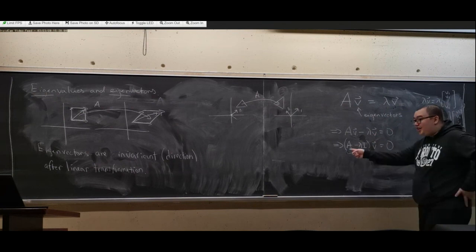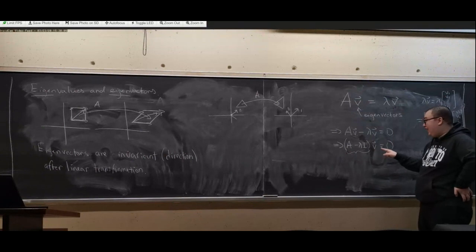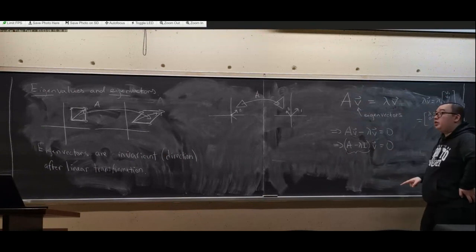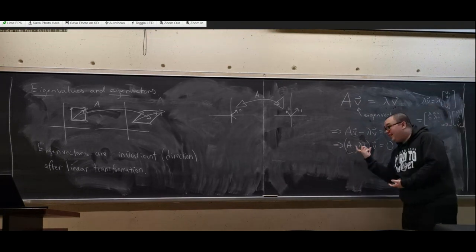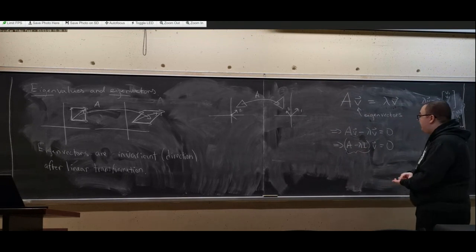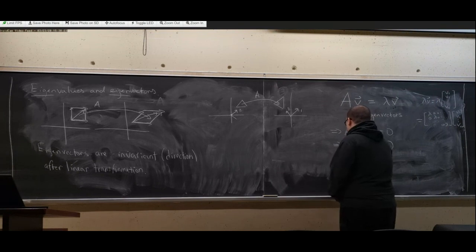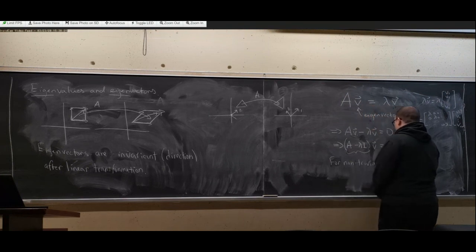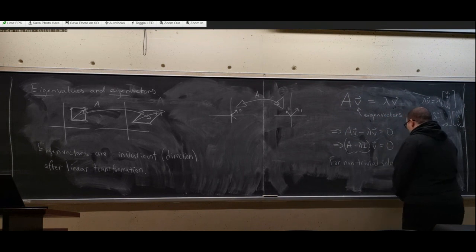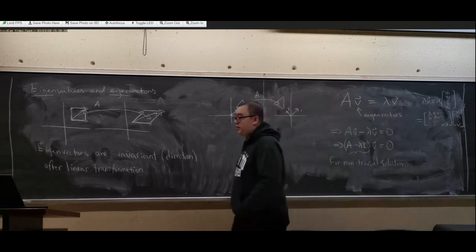Because if this matrix is invertible, that means it represents an isomorphism, right? Then the only vector that gets mapped to 0 is 0, because the kernel only contains 0, right? So we do not want this matrix to have non-zero determinant, because if it is non-zero, again, it is an isomorphism. So for non-trivial solutions, and non-trivial has a specific meaning.